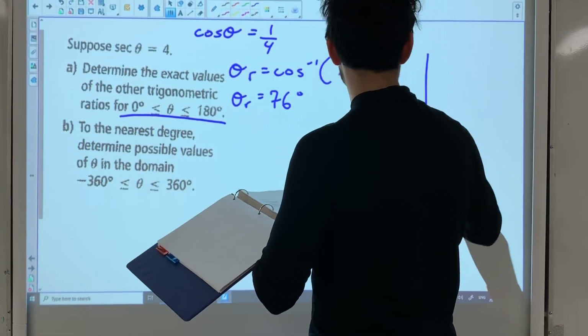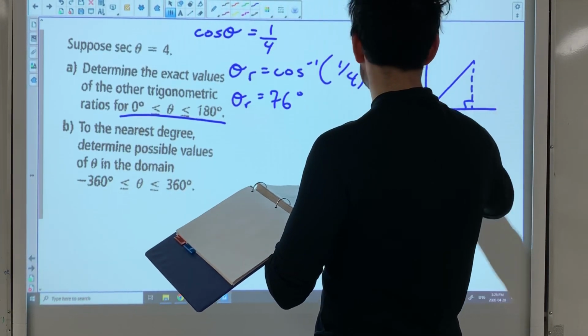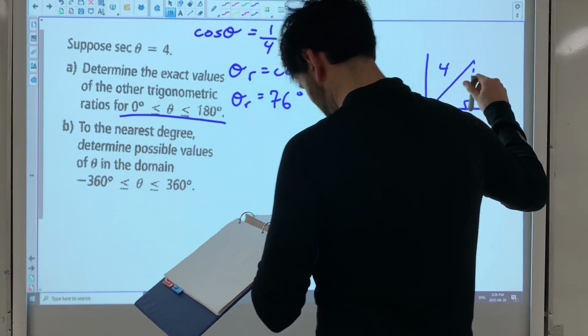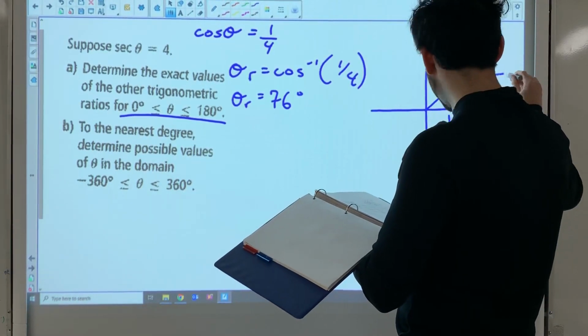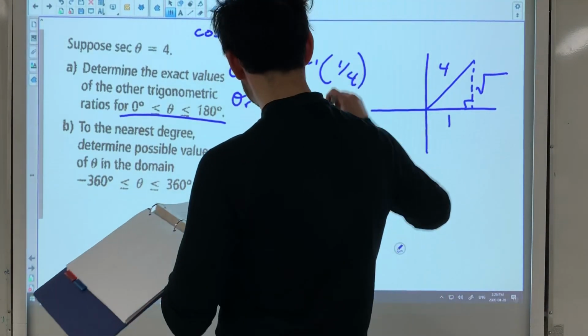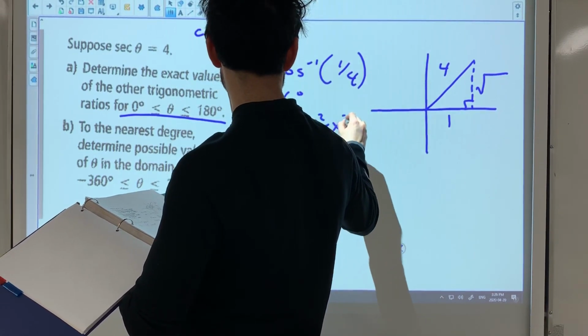If you sketch it, oh boy, I'm just going to end up doing the whole thing. So x is 1, r is 4. When you go and find y, y is the square root of r squared minus x squared.